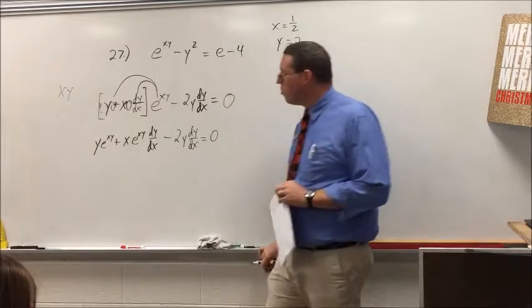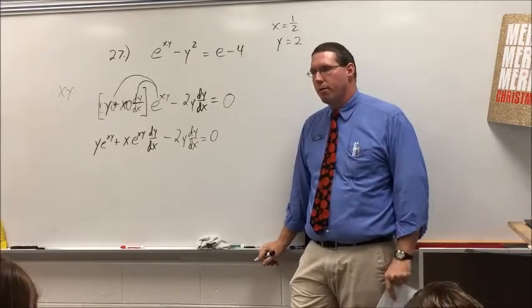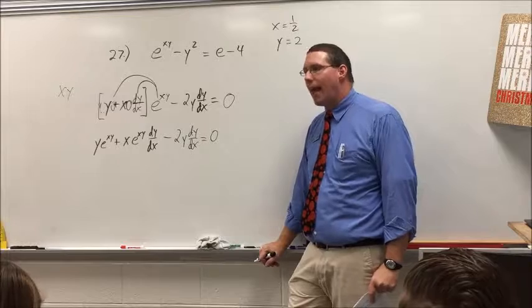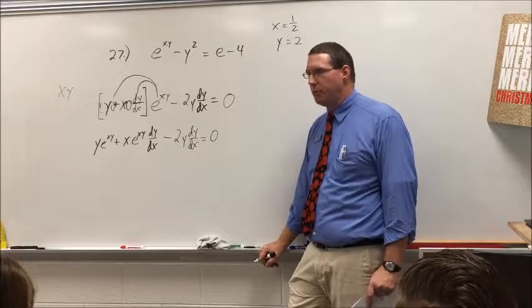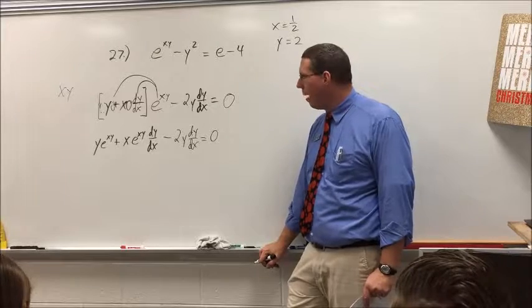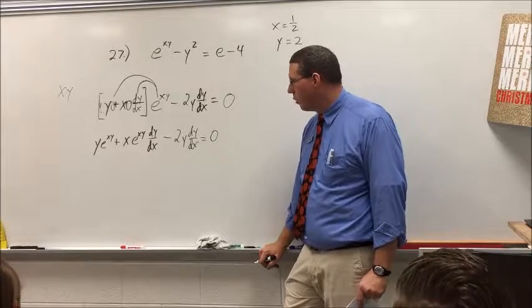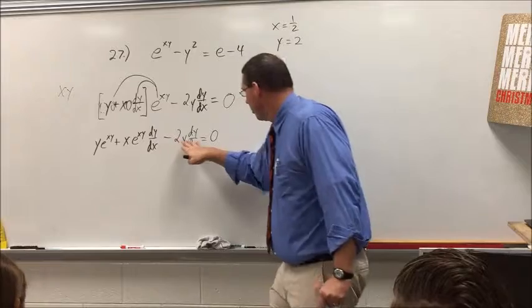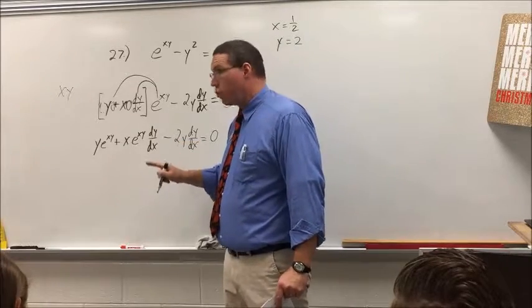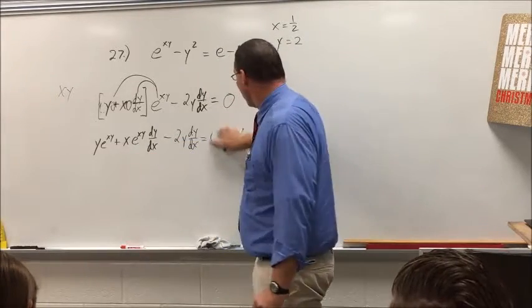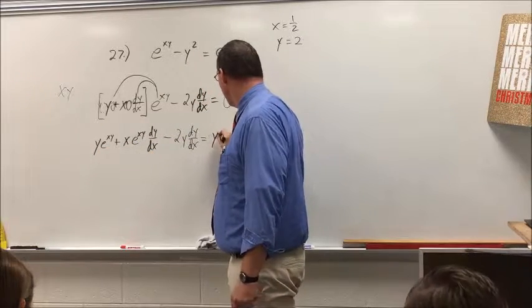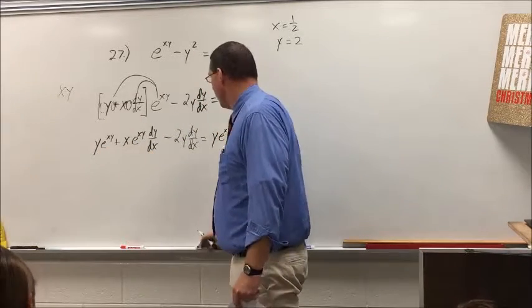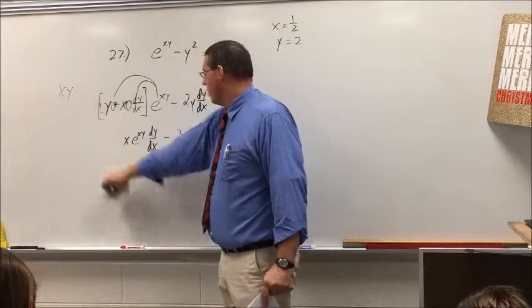Now, what you're supposed to do after this step in implicit differentiation is everything that has a dy dx you leave on one side, and everything that doesn't have a dy dx you put on the other side. How many terms do we have? 3. So we're going to subtract y e to the xy and put it over here, so it's gone over there.